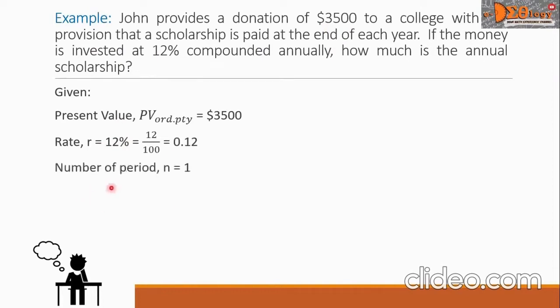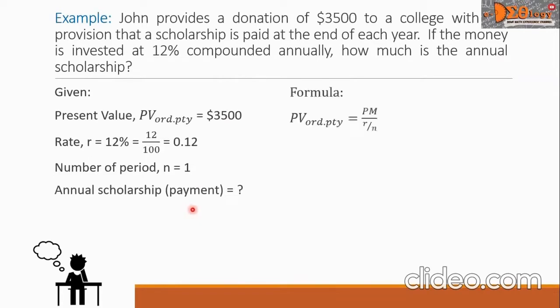Next is the number of period, and it says here compounded annually. It means our N equals 1. In this problem, we want to know the annual scholarship or the payment. Let us use our formula.